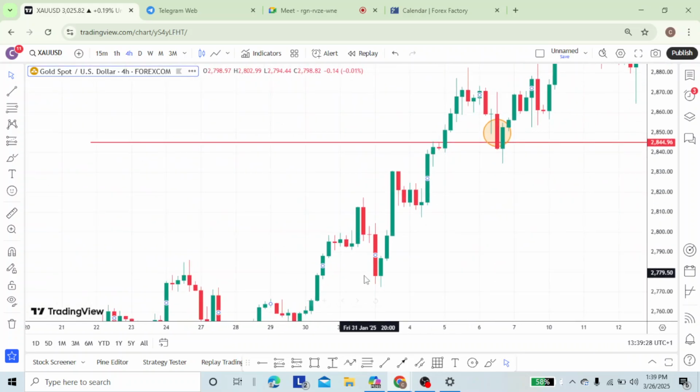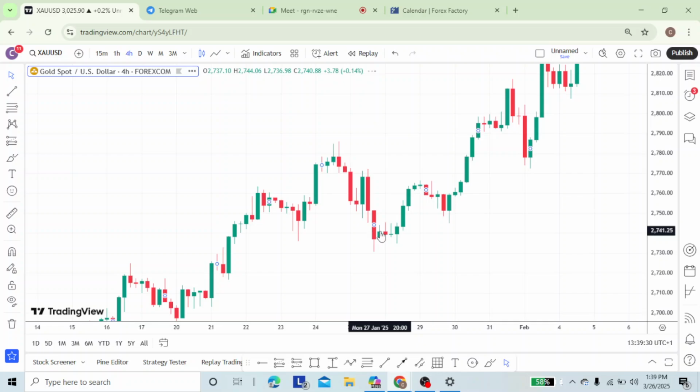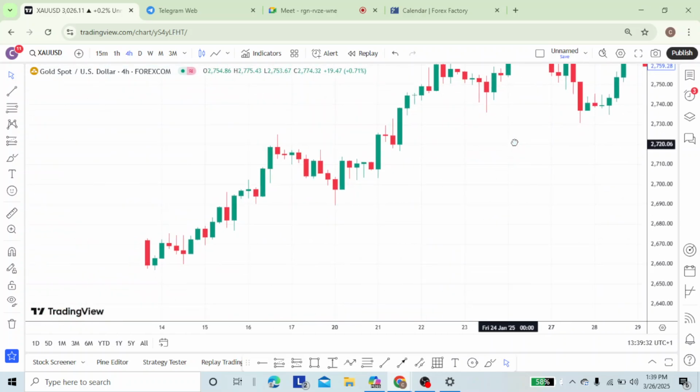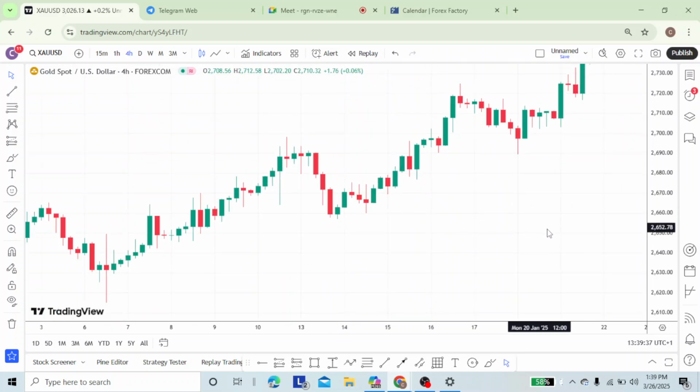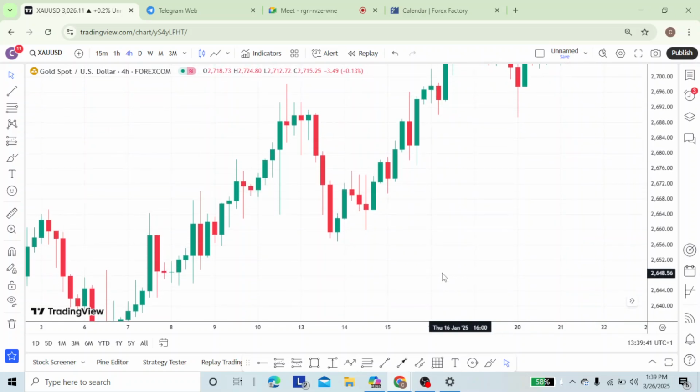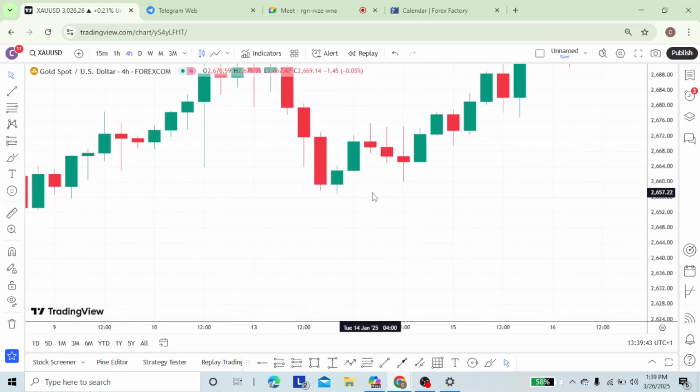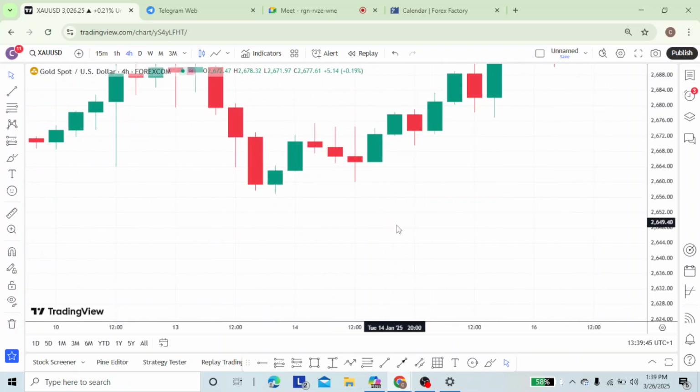Let me try and check. I'm checking my chart currently. Okay, this is it here. This is the first one here. Let me mark it for you.